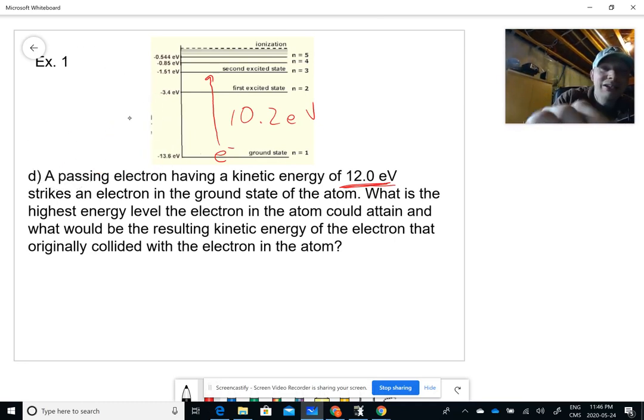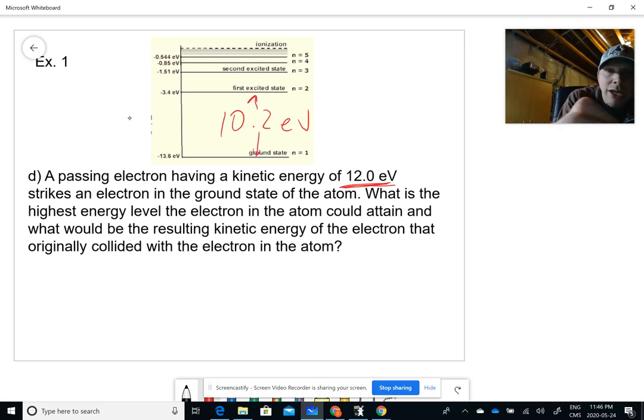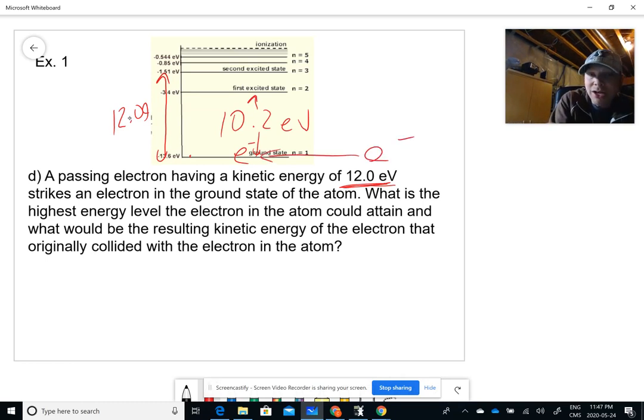Okay, so it takes 10.2 electron volts to go from here to here, and then it would take 12.09 to go from here up to there, which we don't have. We only have 12. So what's going to happen is we have this electron that's coming by, it's going to strike this one, and it's going to give it 10.2 electron volts.